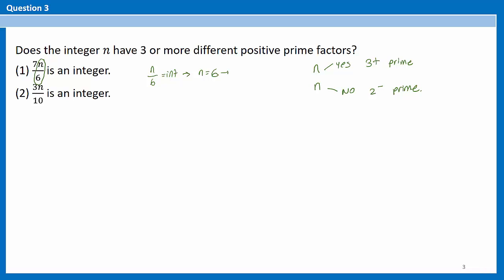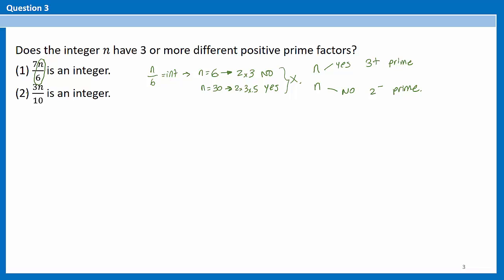Now 6 in the question has 2 prime factors, 2 and 3, so it answers no. But since it could be bigger, let's say for example that n could be 30, that would be 2 times 3 times 5, and it would have 3 prime factors, so that would answer yes. So statement 1 is not sufficient. I have 2 answers to the question. I have a no and a yes.